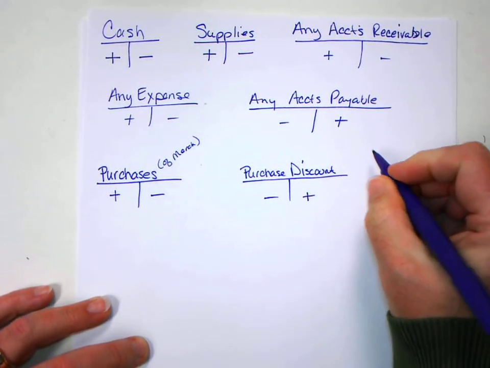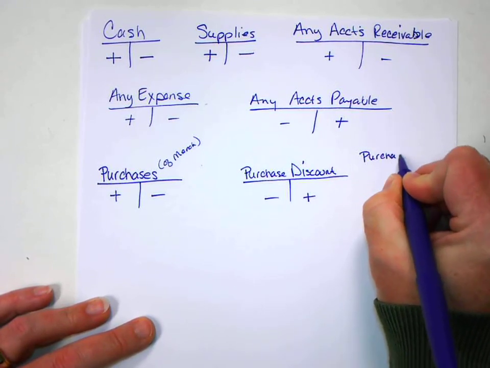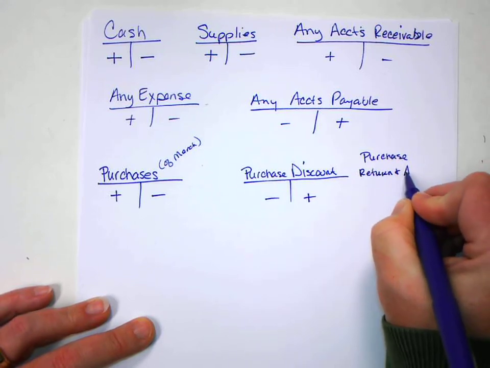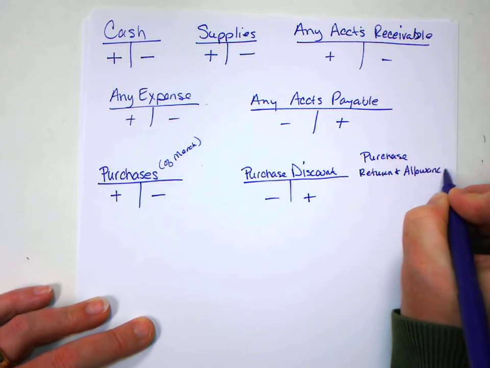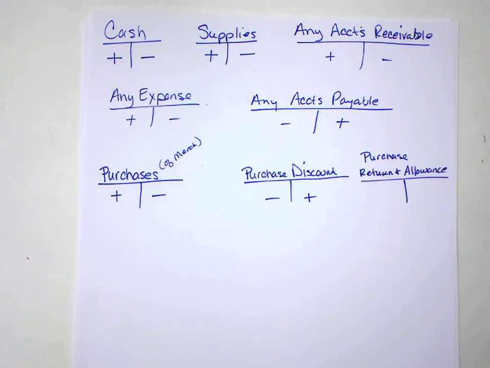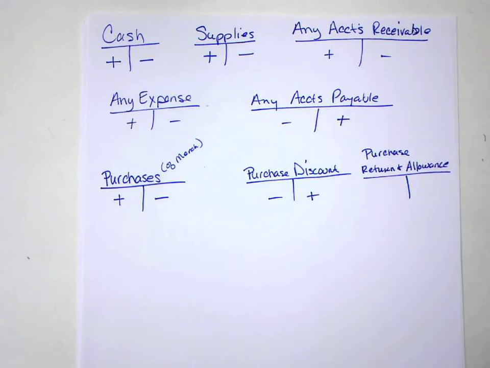Okay? And then the other one that goes along with that is purchase return and allowance. And so this account helps us to handle anything that we return. So if we purchase something, we get it, it's the wrong color, it's broken, whatever the case may be, and we're going to return it to the person we bought it from, we're going to keep track of that here. Okay?